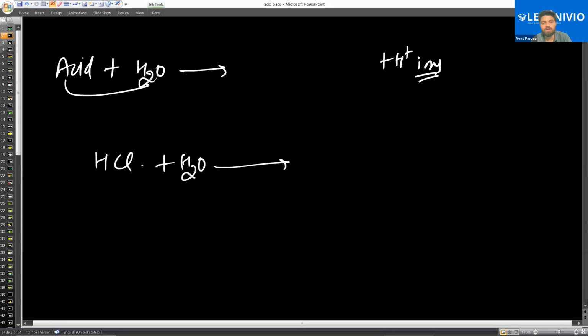In water, this HCl is going to produce H plus ions, and H plus ion does not exist independently.